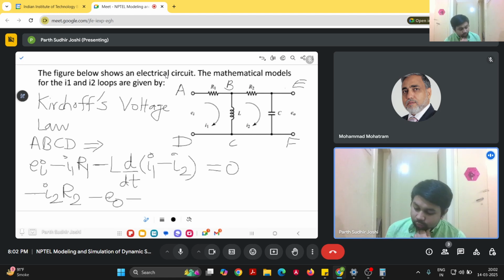So there will be a potential rise, not a drop, because we are going against the direction of current. So that will be L d by dt of I1 minus I2.